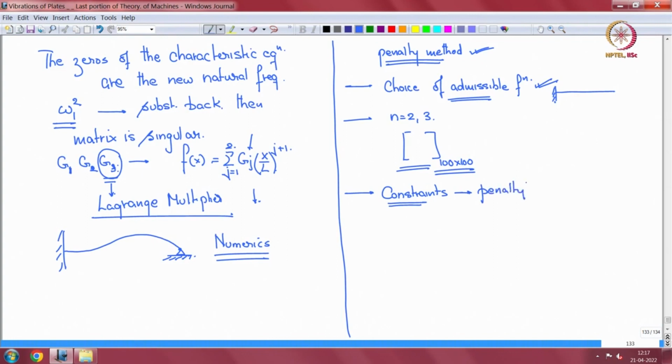The more you violate, the more penalty, and therefore you force them not to violate. We will look at some of these in the coming classes. These are all augments to the Rayleigh-Ritz method. The base is the Rayleigh-Ritz method.